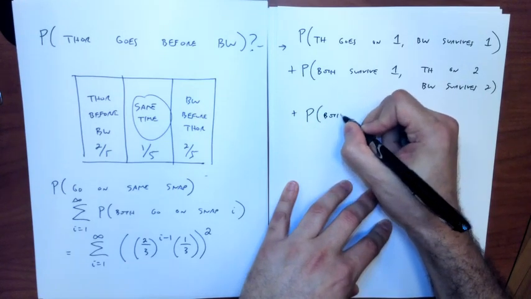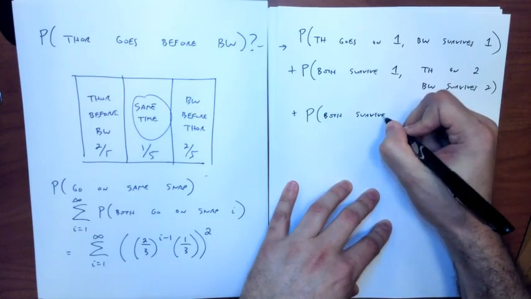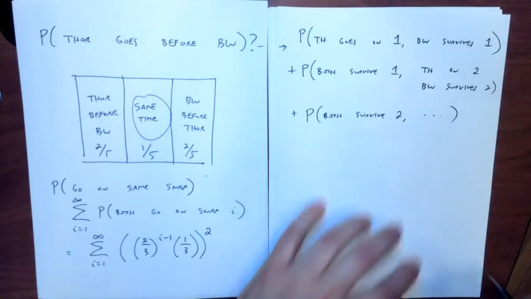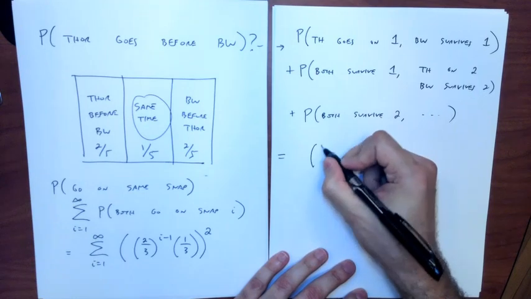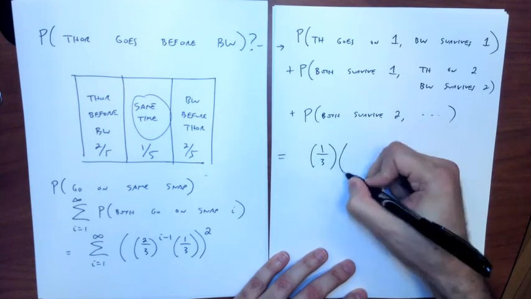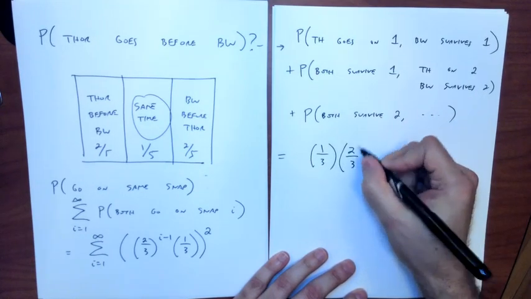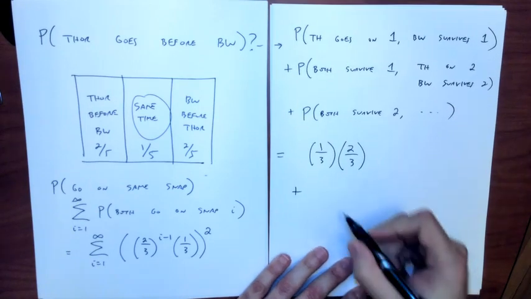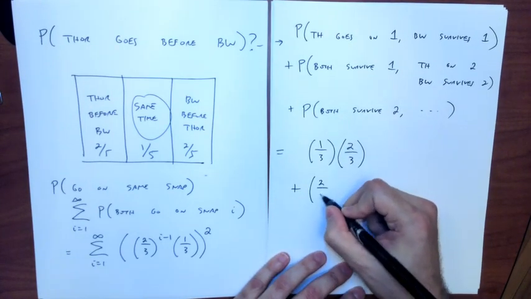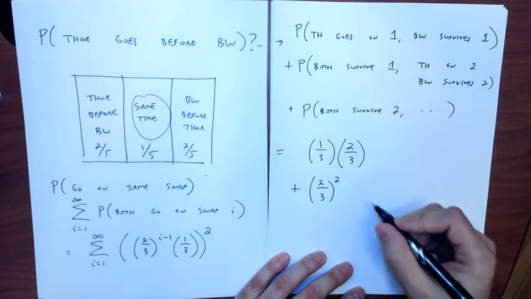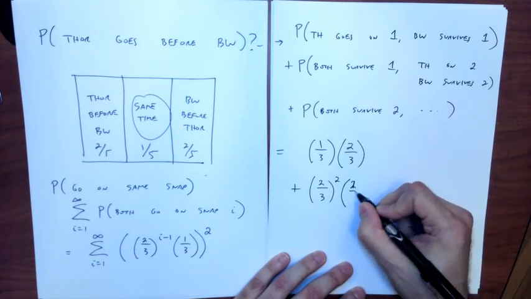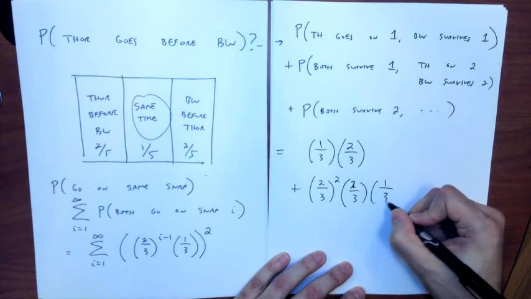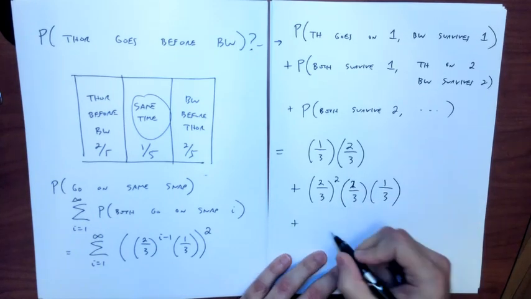So let's see the pattern. Thor going on snap 1 is 1/3. Black Widow surviving snap 1 is 2/3. Both surviving snap 1 is (2/3) squared. Then Black Widow surviving is 2/3, Thor disappearing is 1/3, and that goes on like this.